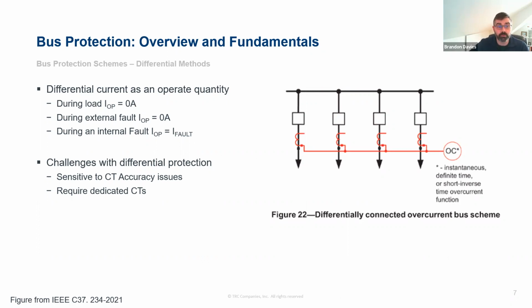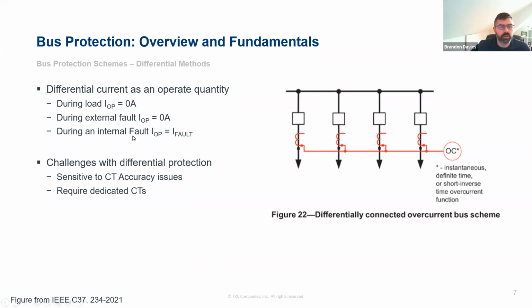Same thing for an external fault. During an external fault, it's the same premise, just at a higher magnitude. If you had a fault on whatever was connected to this leftmost breaker, you're going to have fault current contributions coming into the bus on the other 3 breakers, and all of that primary current is going to sum together and exit the bus over that first left-hand breaker.